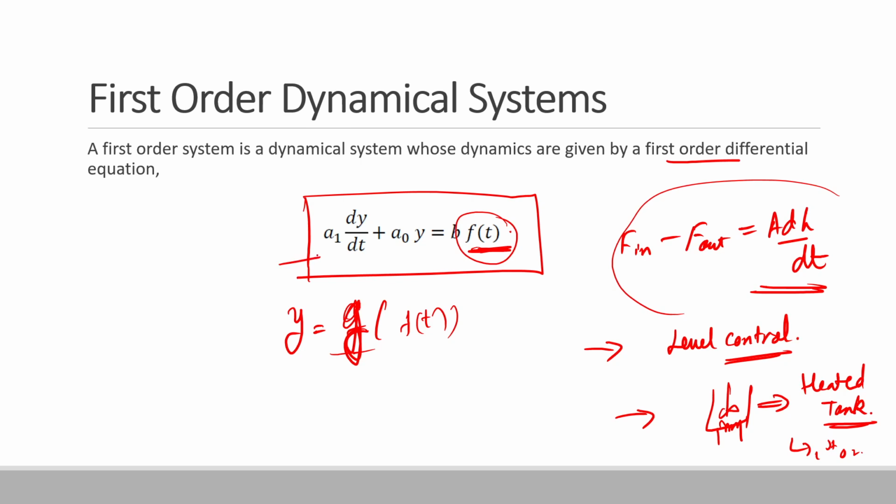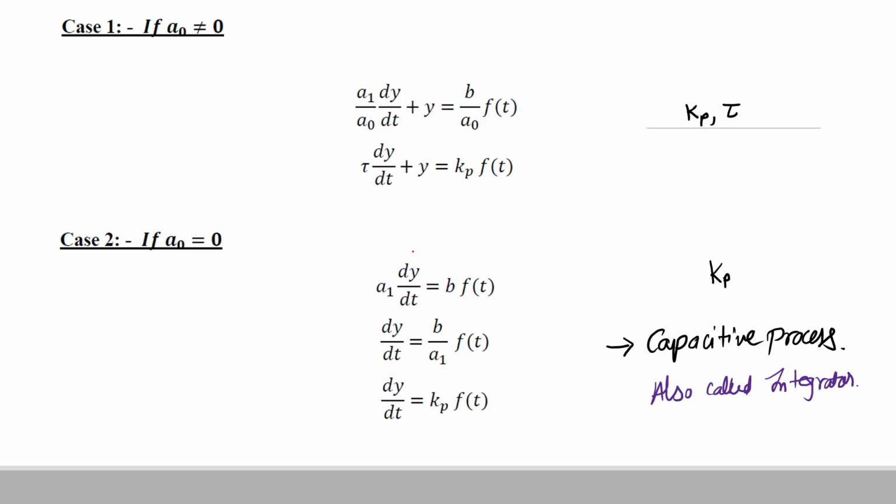So we can take the Laplace of this equation, and on that basis we can get the transfer function model that can help us correlate the inputs to the output. Now on the basis of the values of a1 and a0, we will study different cases. If a0 in the earlier equation was not equal to 0, we can bring it into the denominator and write the general form of a first order system by this equation.